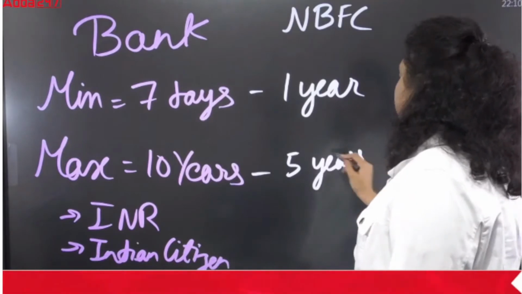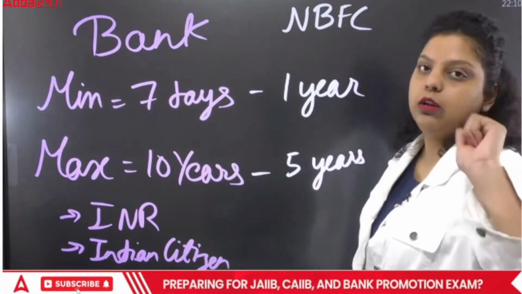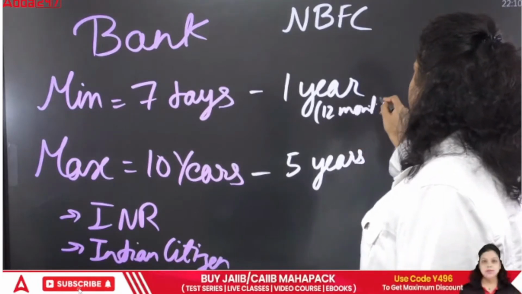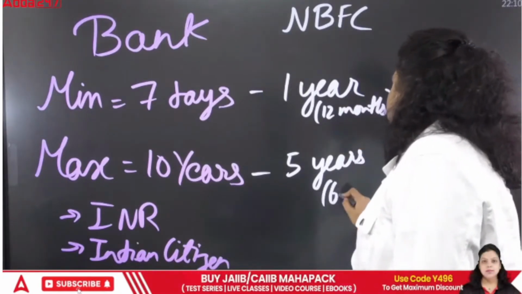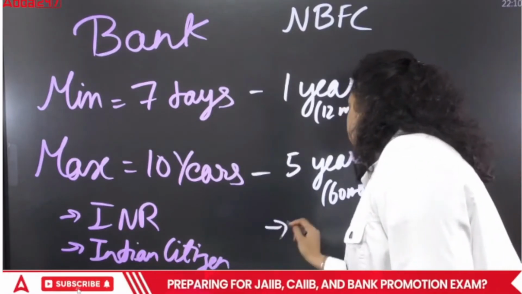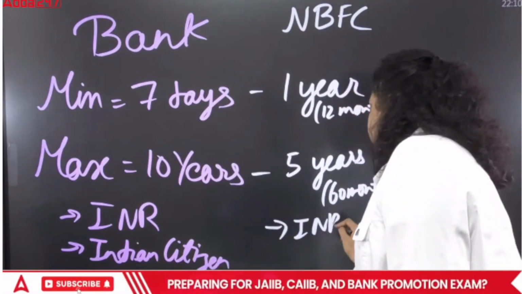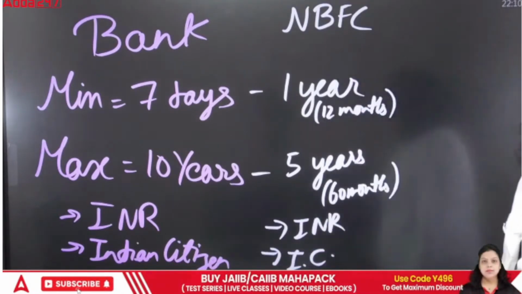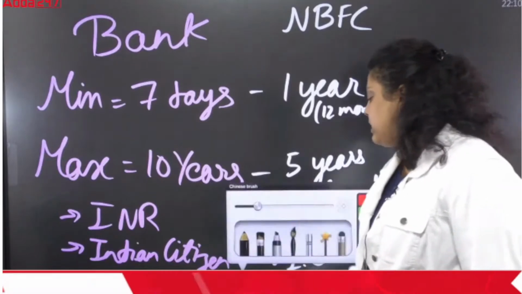Sometimes in the question it will be asked in months, so 12 months and 60 months. Do remember the months. And this FD will be maintained in Indian currency, and by an Indian citizen only. Okay, this is in case of NBFC.